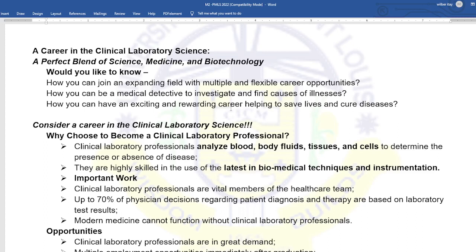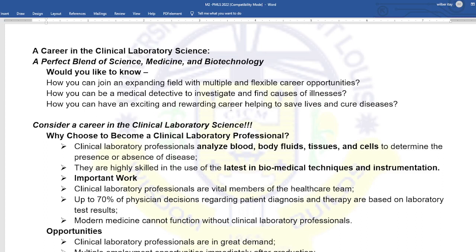Take note, guys, that not all medical technologists are skilled in this, because there are medical technologists who still use manual methods instead of automated methods, because it is within the capacity of their employer to provide automated machines.